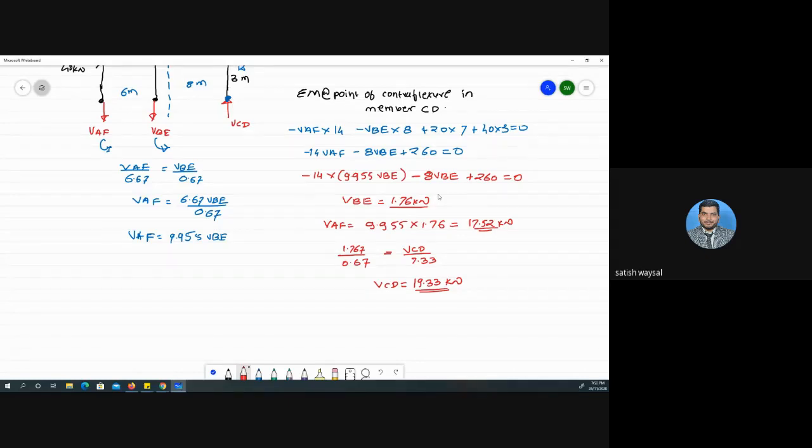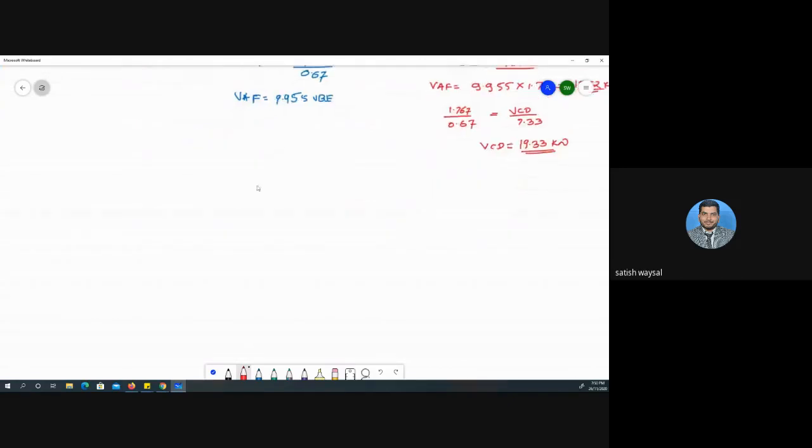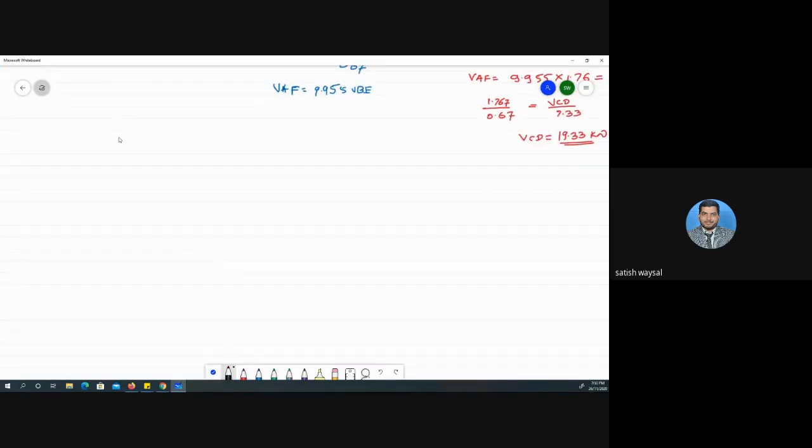Now we know these vertical reactions, so just again draw the FBD considering all possible joints. I will write down the name of joints for your understanding.